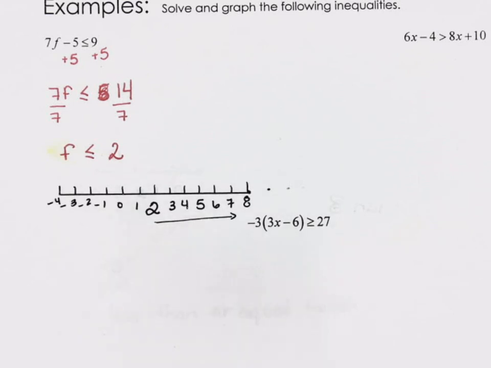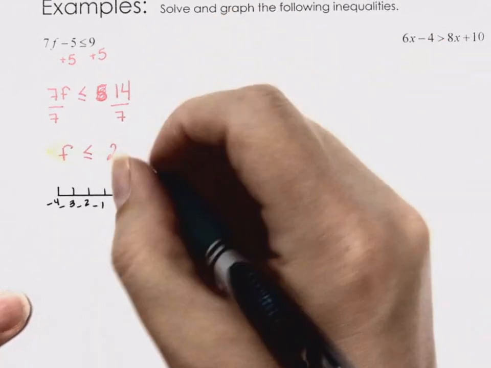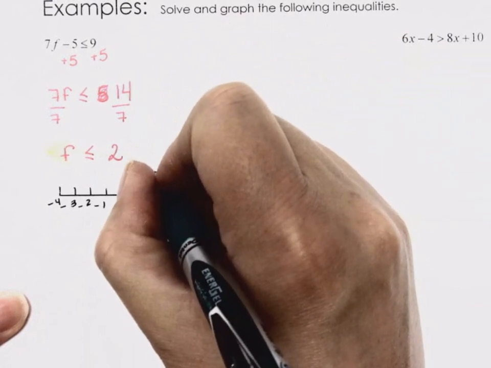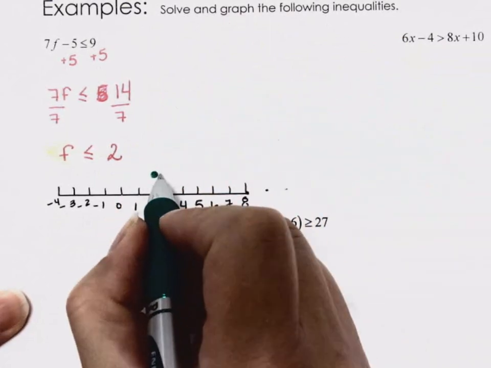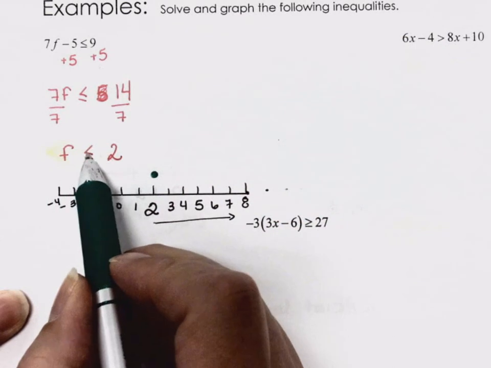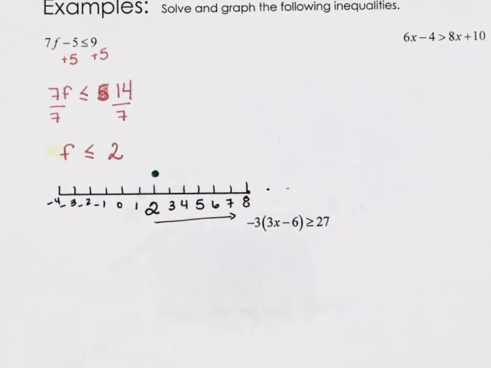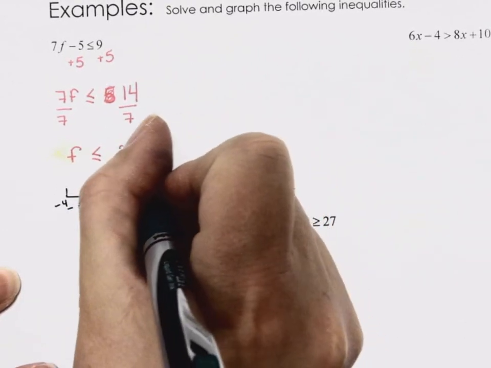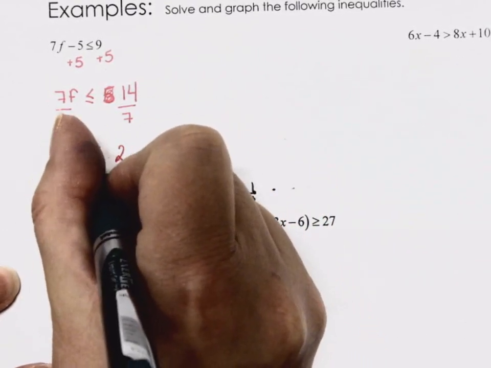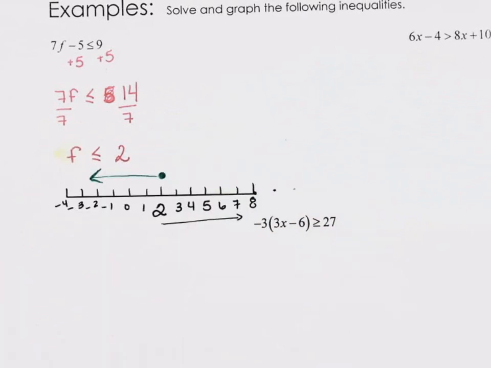Closed, because it's got the equal to sign. So I am going to close my circle above the 2, and F is less than or equal to 2. So is my arrow pointing to the left or to the right? Left. Less than is left. So hopefully we're feeling confident with putting these things on the number line.